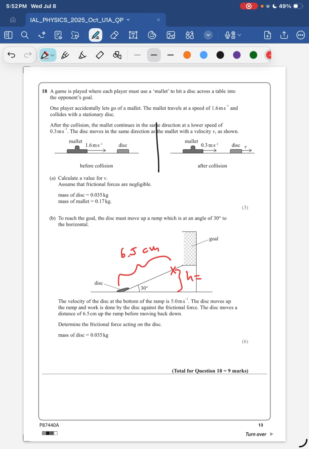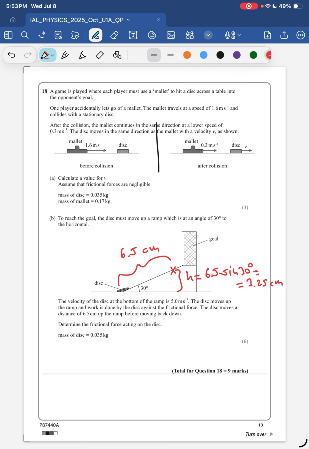Which we can calculate since h is going to be nothing but 6.5 times sine of 30 degrees, or 3.25 centimeters. Okay, and we can use conservation of energy in a funny way, let's say, because this is not something you use very usually, but how can you apply the conservation of energy here?